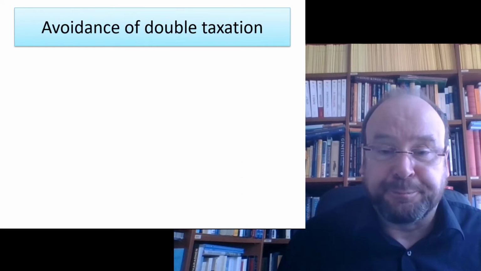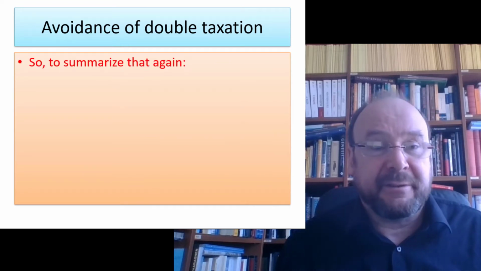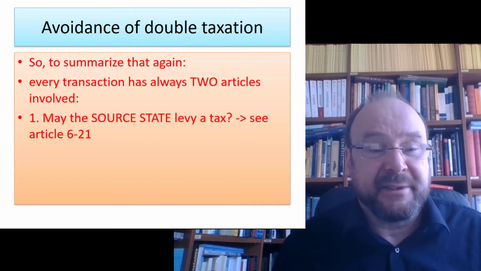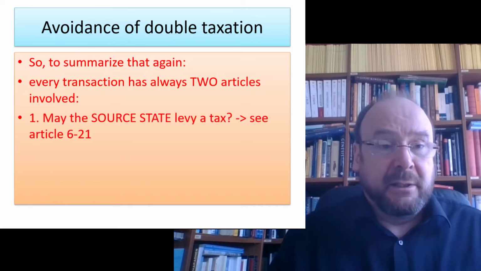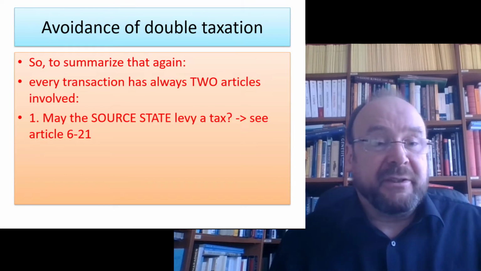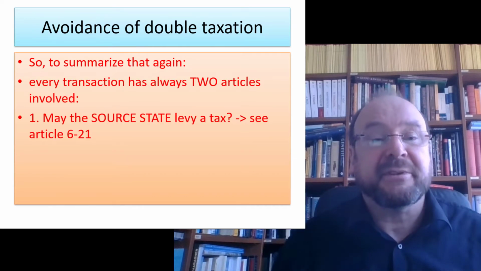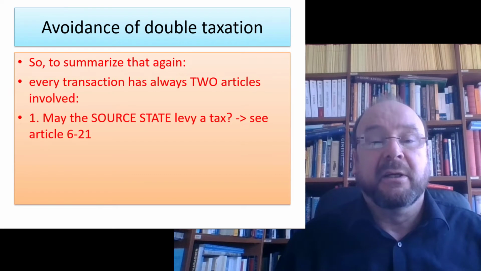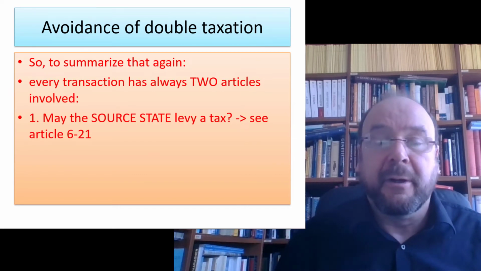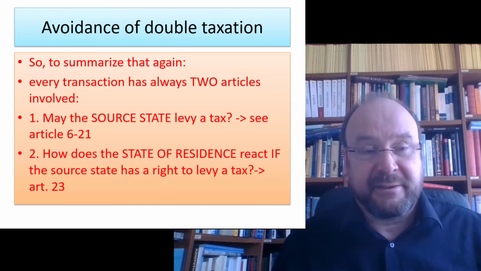Yeah? So to summarize again, every transaction always has two articles involved. Can the source state levy a tax? That is discussed or regulated in Articles 6 to 21, depending on what is done: income from immovable property, from business activity, from dividends, from interest, from license fees, and so on. And then you always have the reaction of the state of residence.